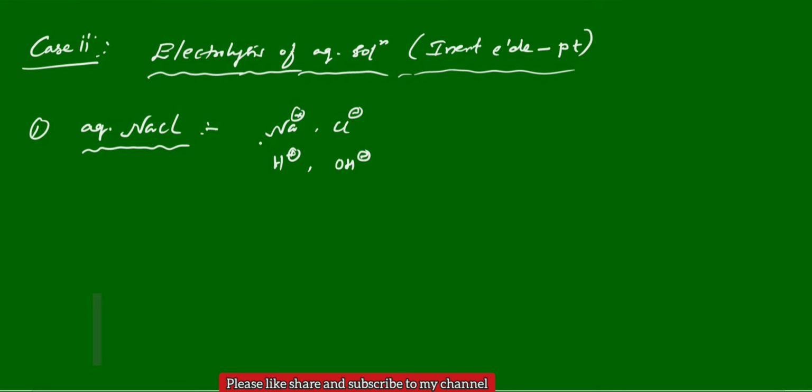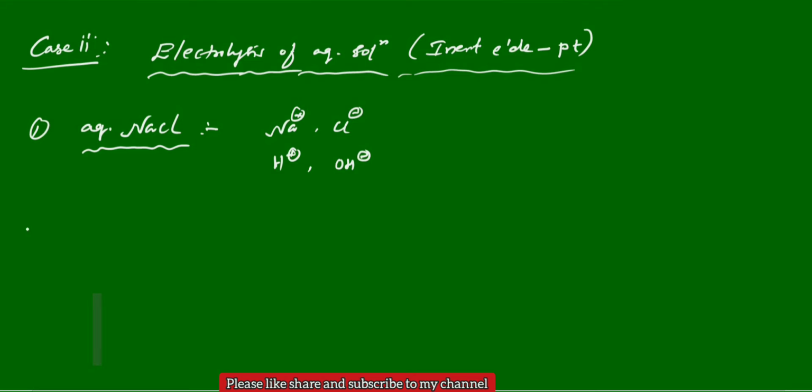So in the previous case we had only one type of cation and anion, but here we have two types of cations and anions: Na plus and H plus, and Cl minus and OH minus. So which will deposit at their respective electrodes out of these two? Now there is a competition between both the cations and anions.